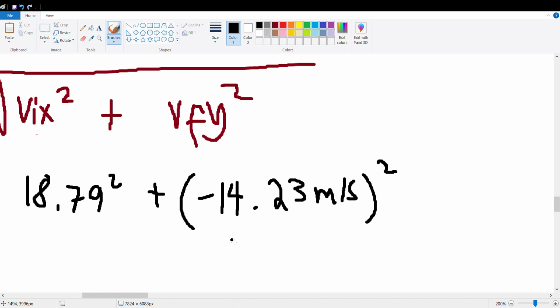Now you should put this in parentheses because it will actually mess up when you put it in a calculator.